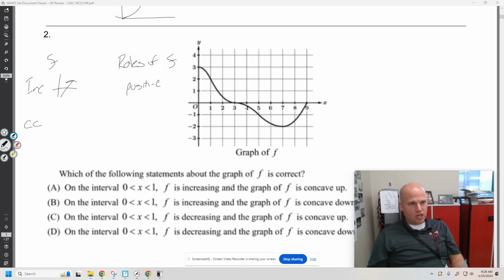If a function is concave up, it could be concave up decreasing or concave up increasing. That means the rates of f are increasing. If f is positive, that means it is above the x-axis. We have no idea what the rates are doing there.